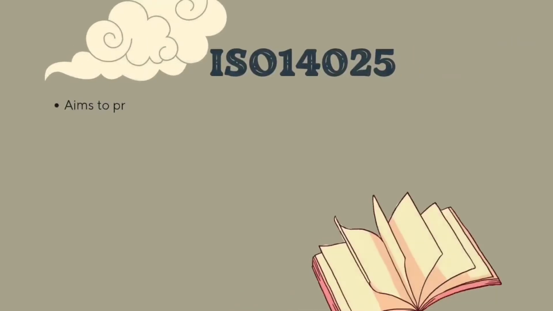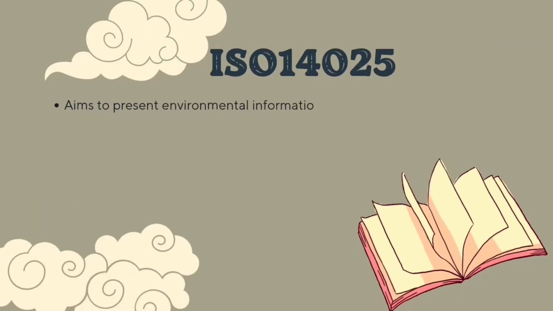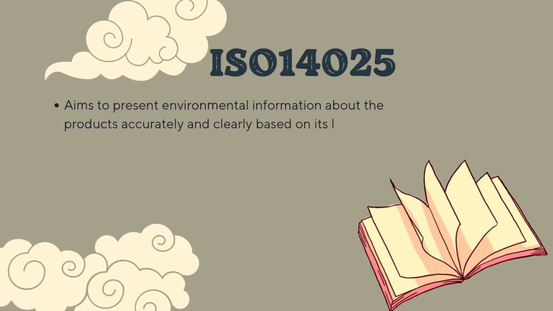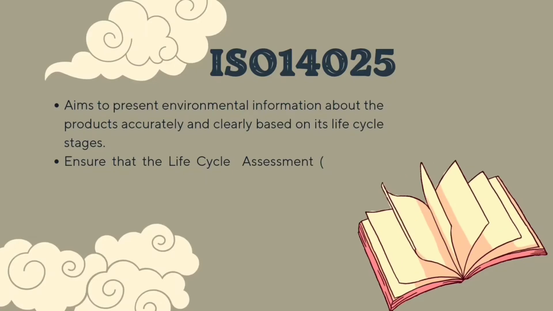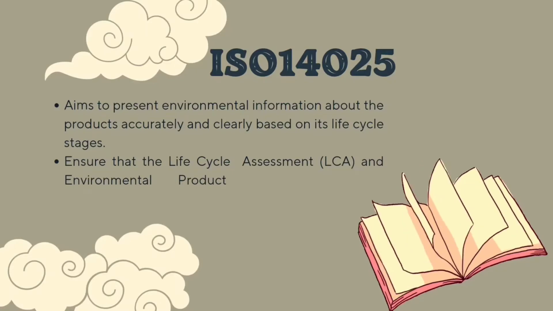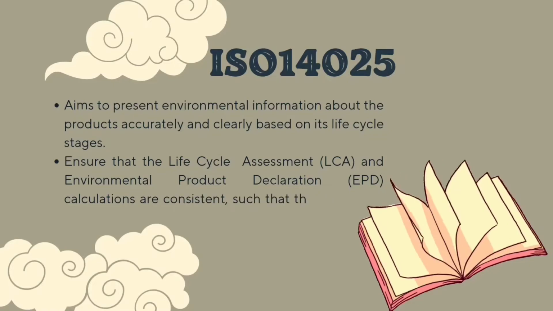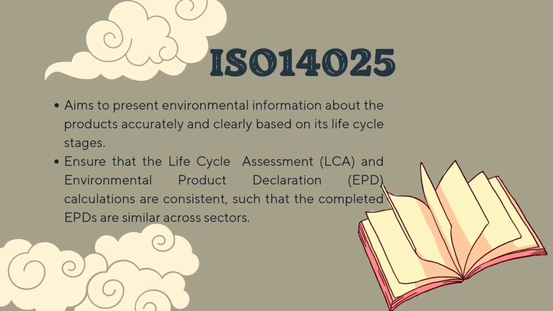Lastly, we are going to look at ISO 14025. ISO 14025 aims to present environmental information about the products accurately and clearly based on its life cycle stages. It also ensures that the life cycle assessment, LCA, and environmental product declaration, EPD, calculations are consistent, such that the completed EPDs are similar across sectors.